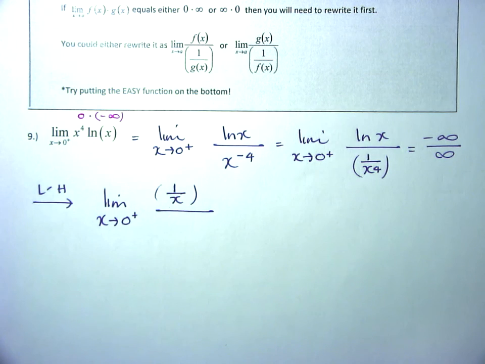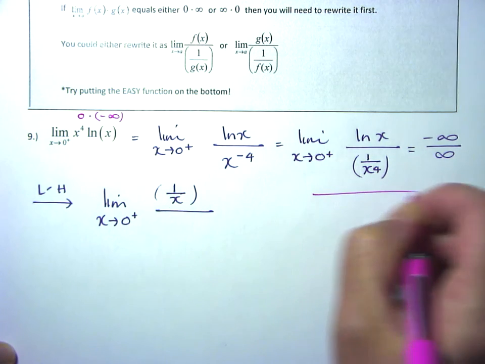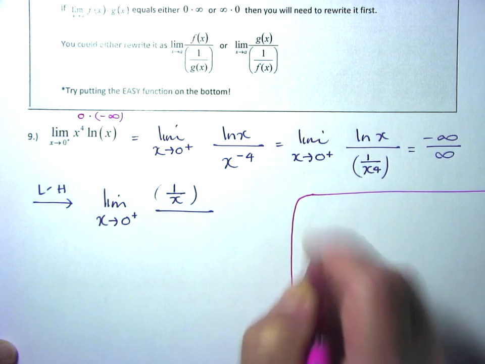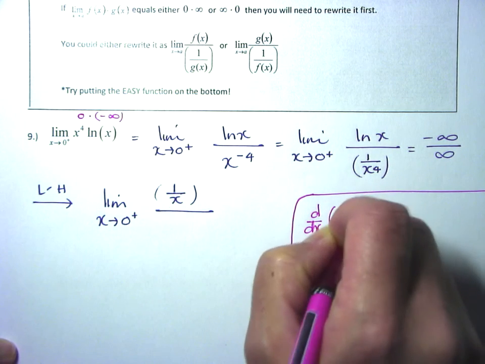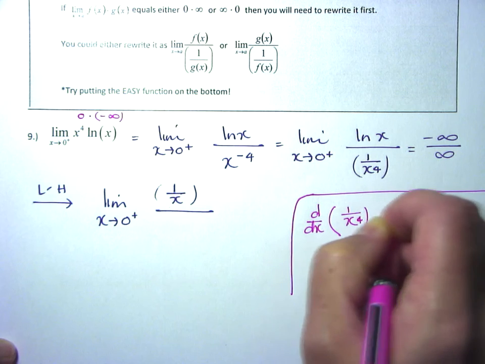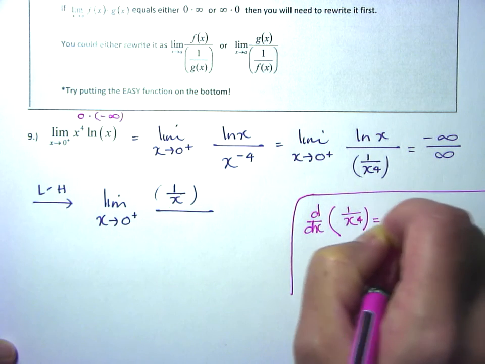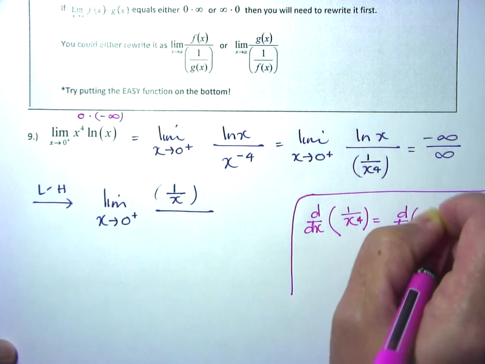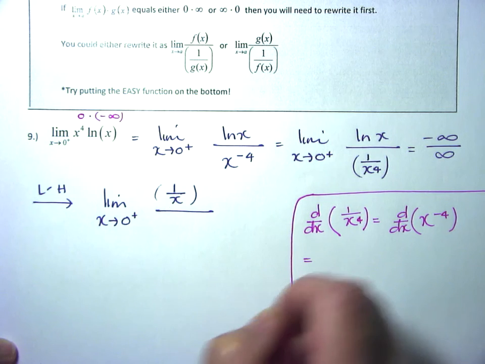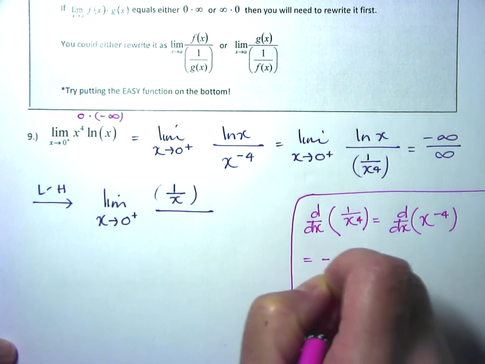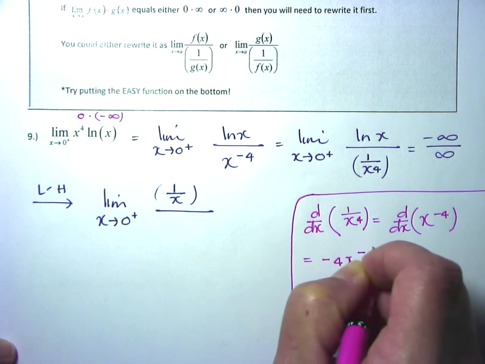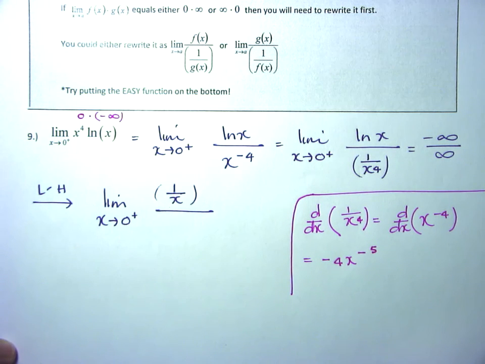You know what? Let's quickly find what this is. The derivative with respect to x of 1 over x to the power 4. This is the derivative of x to the power negative 4, which is negative 4x to the power negative 5.